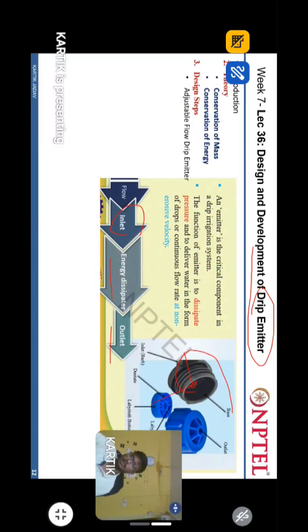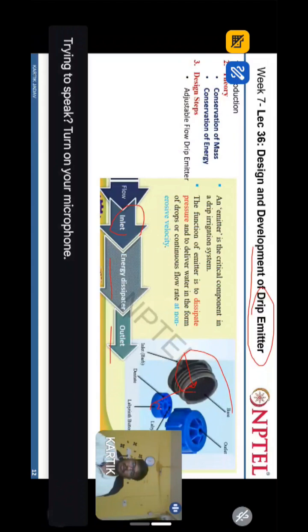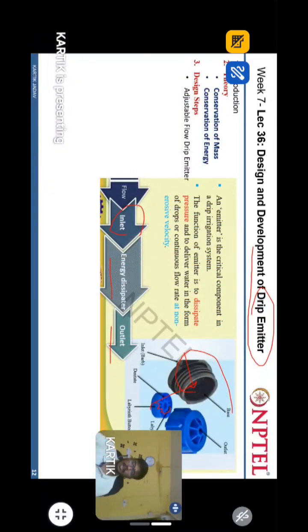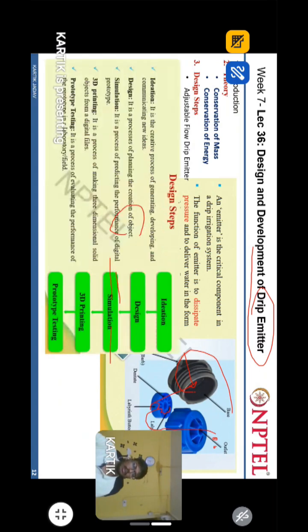Then water goes into the labyrinth, where it moves in a zigzag path that dissipates the energy of the water, and finally it moves through the cap, or outlet section, and forms droplets.